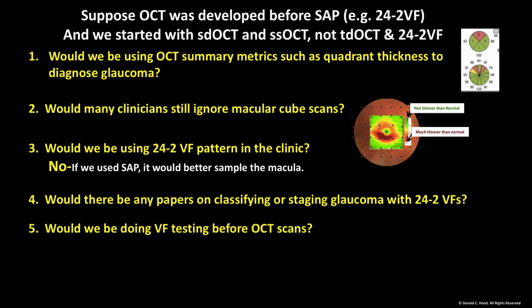Would we be doing visual field testing before OCT scans, as some clinicians do? I don't think so. I think many clinicians are starting to do OCT scans first and then use it to guide them in which visual field to do, a 10-2 or a 24-2.